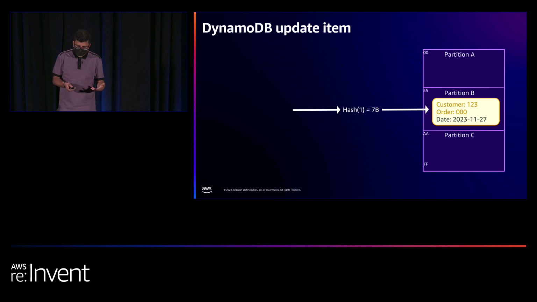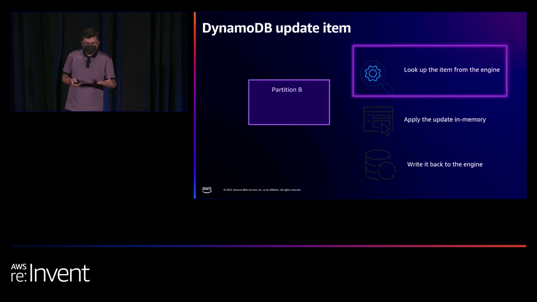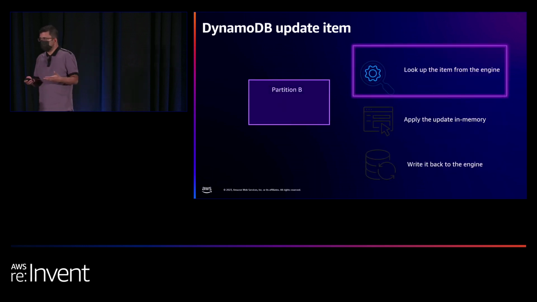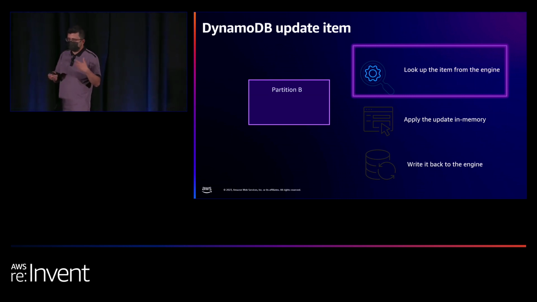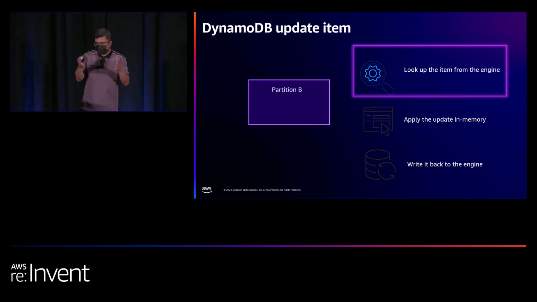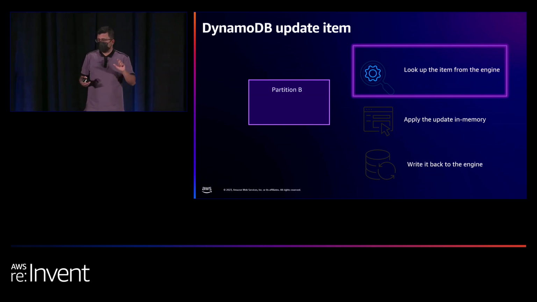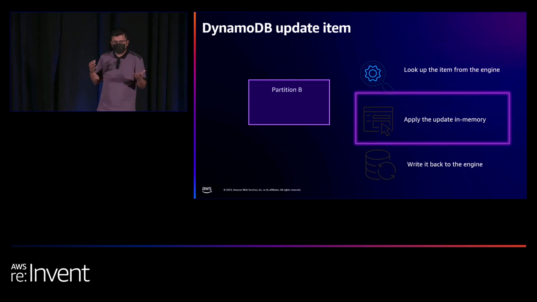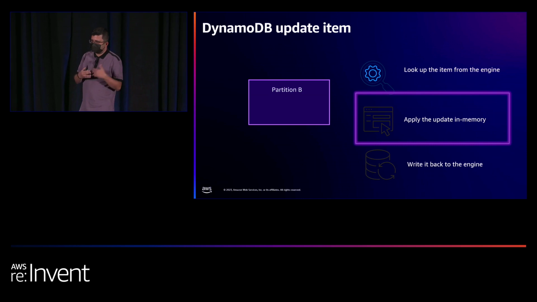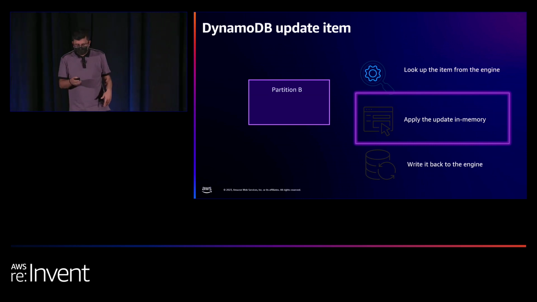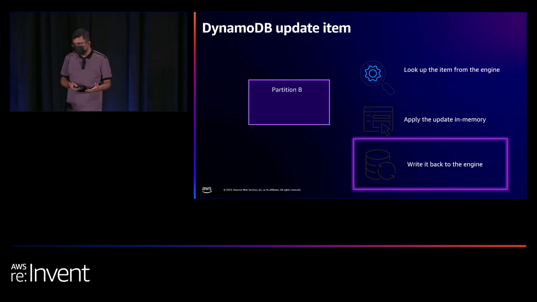And how that happens is, the first thing that storage node does is look up the item from the engine. So if you already are storing something there, we will look that up and identify what has changed in this item, apply that change first in memory to make sure everything is good, all the asserts are validated, and then finally write it back to the engine.